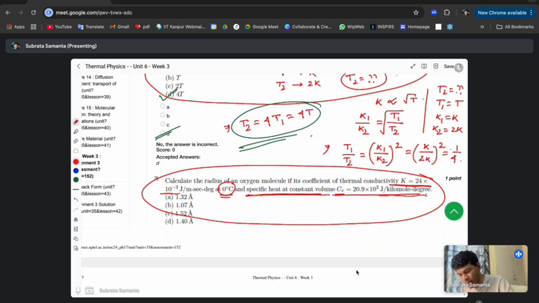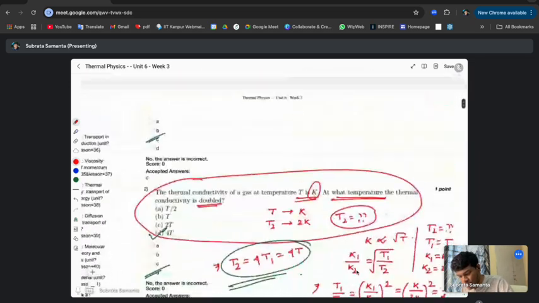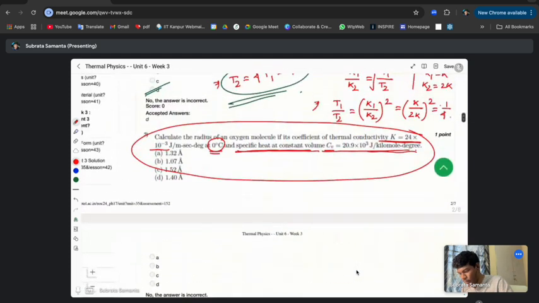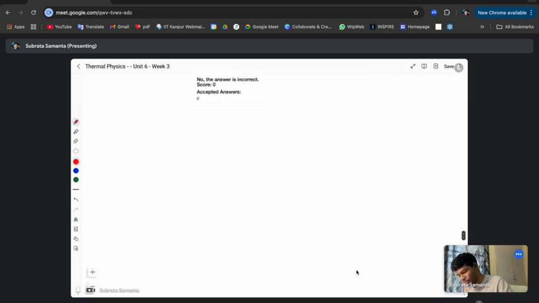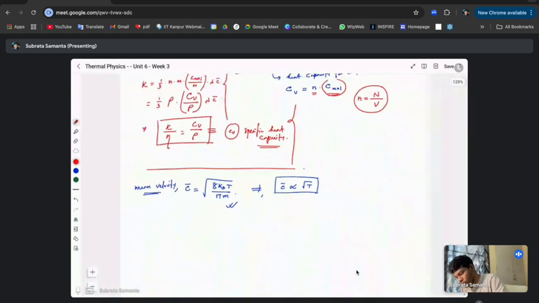So what is the expression of the thermal conductivity? Again we first write down the expression of the thermal conductivity for problem number 3.